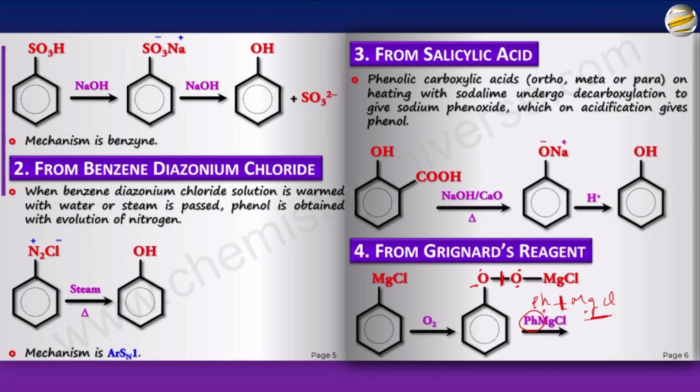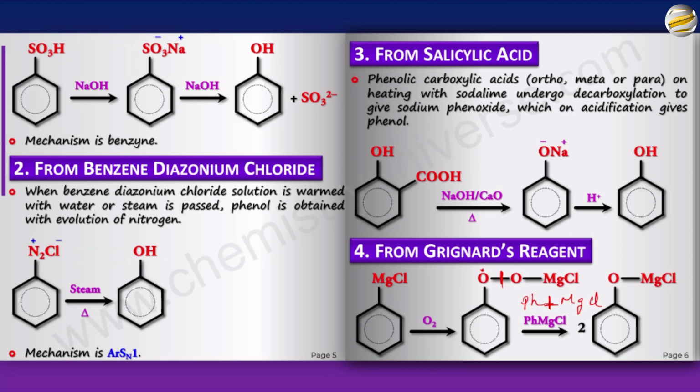So basically what happens is you get this. I mean, if you can remember without this logic, it's okay. But if you want a logic, this is the way the logic goes. I have PhMgCl. Remember, I break this homolytically. This is only to make it easier, it's not the mechanism. And then this breaks homolytically.